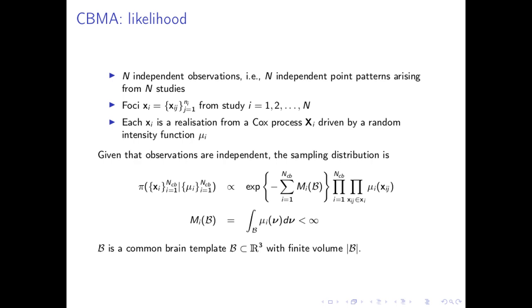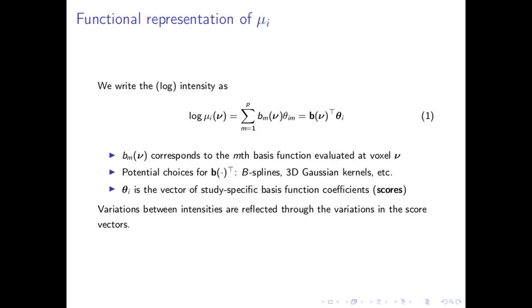So here we need to decide how we model and infer mu_i, which is this 3D surface which models my activation patterns. There are several possible ways, obviously, but what we looked at in the paper was to write log mu_i, this has to be non-negative, through a functional representation. So we expand log mu_i, or we think of log mu_i as lying in the linear span of some fixed bases that I call here B. These are fixed basis functions.